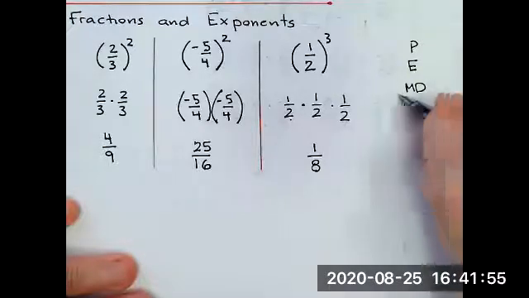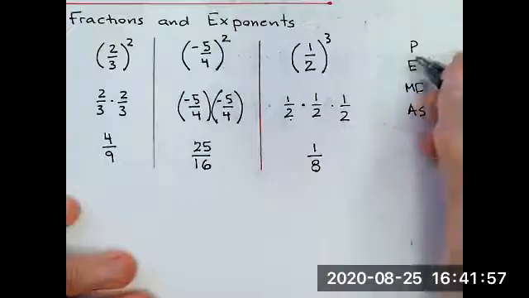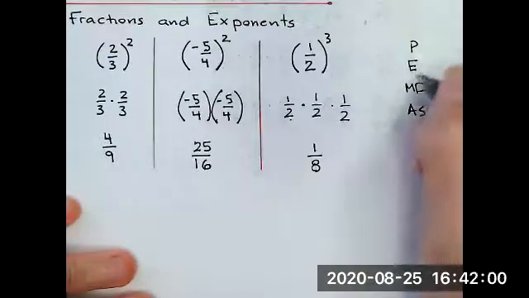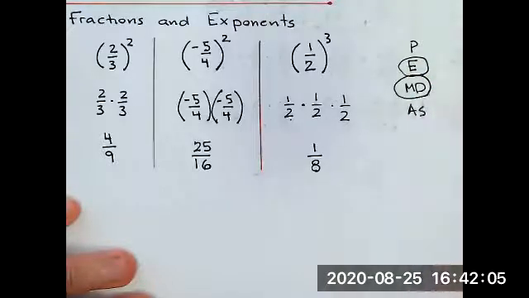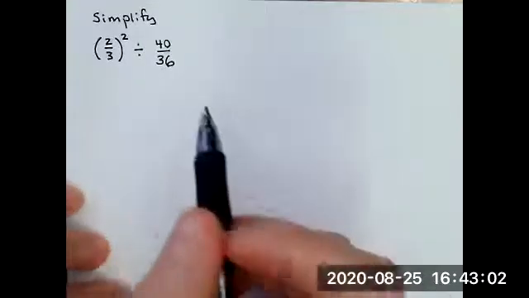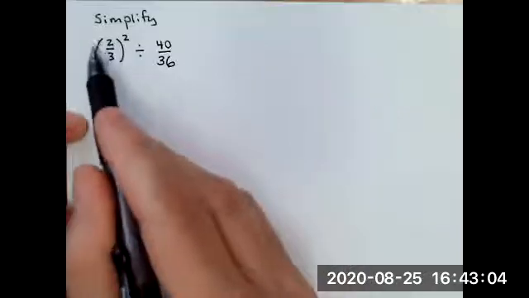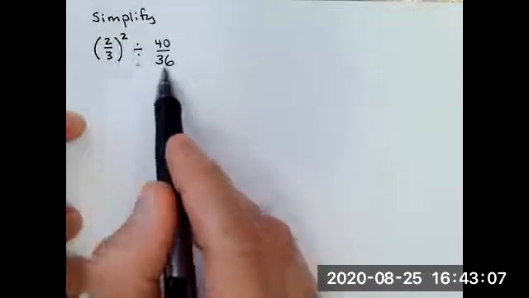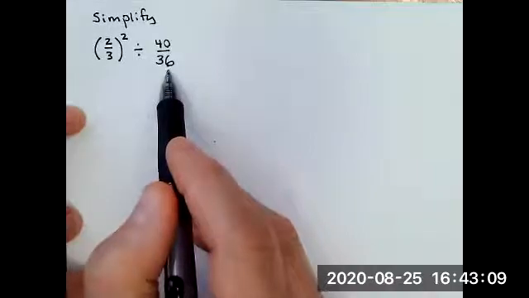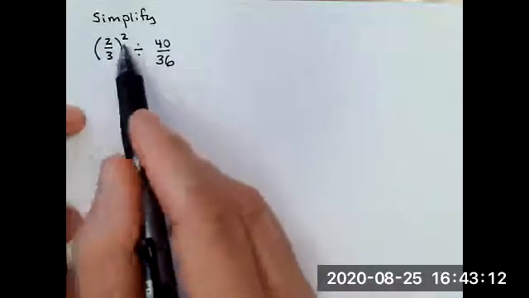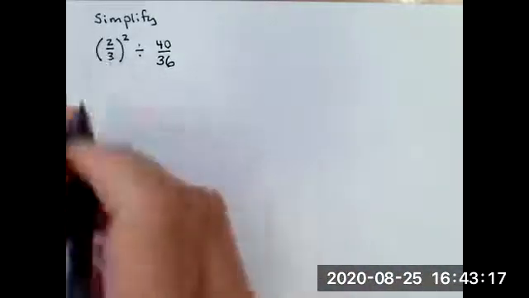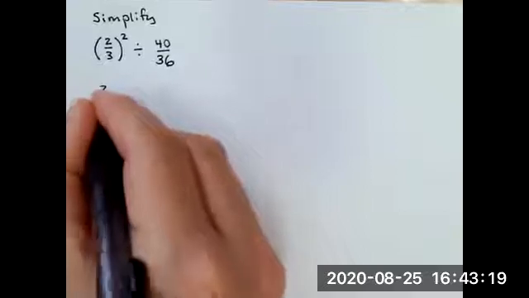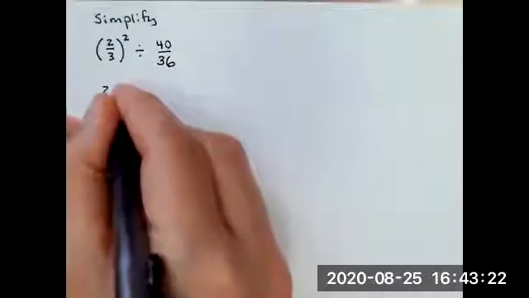So we're talking about dividing fractions, and now we're also talking about exponents. So you're going to want to do the exponent before the division. Let's do an example. All right, so we have 2/3 squared divided by 40/36. So we do the exponent before the division. So 2/3 squared is 2/3 times 2/3.